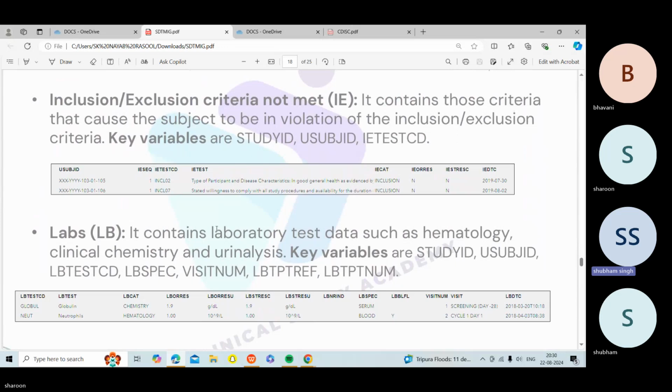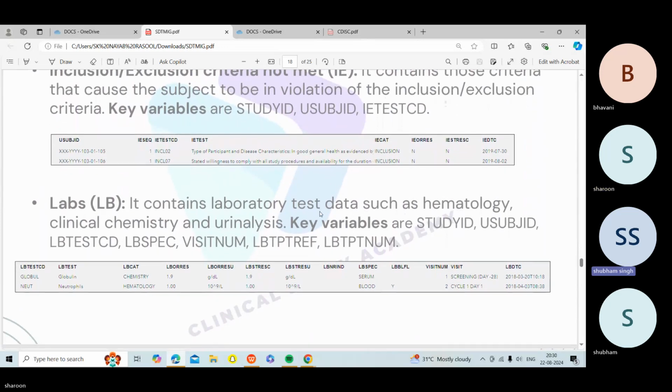Let's suppose a subject got excluded from the study due to any reason, or he got included or excluded, that data will be recorded in this data set. You can see IE test. IE test contains what test he went through, and whether it was an inclusion or exclusion criterion. So type of participant and disease characteristics, good general health and evidence, stated willingness to comply with all study procedures and ability for the duration, are inclusions.